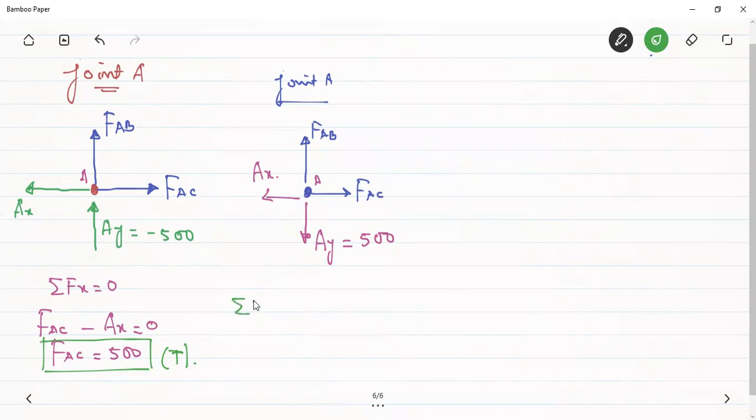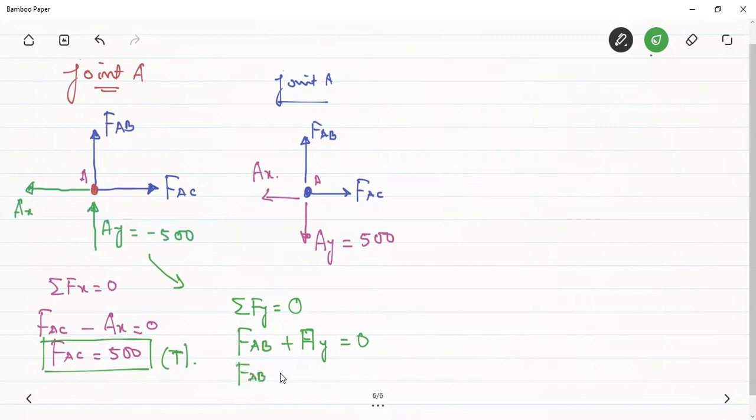Now I can use that summation of the forces in the y direction has to be 0. Forces in the y direction: FAB is in the upward direction, AY is also in the upward direction, so the summation has to be 0. Now see here, I am showing this wrong direction, therefore I have to keep this AY negative. AY has to be minus 500 here.